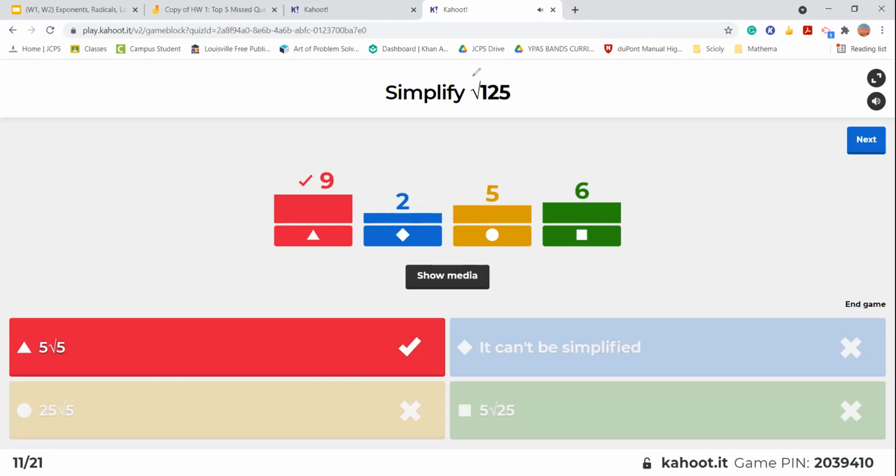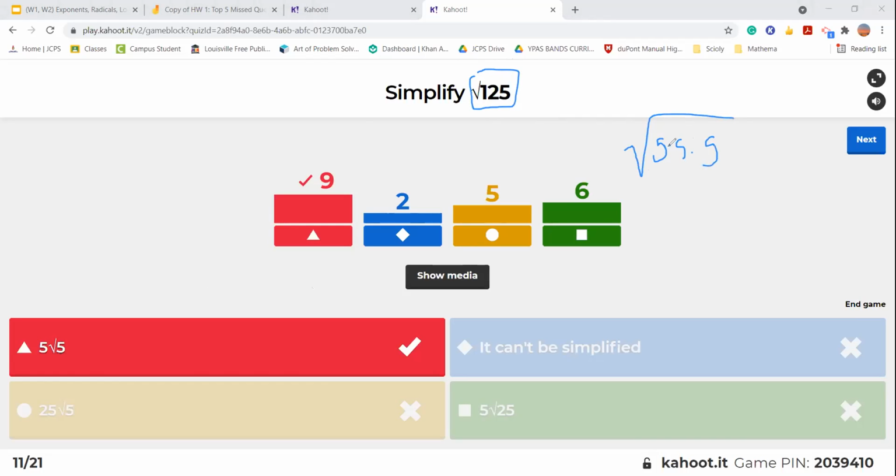Okay, so now I'm gonna try to simplify this. I think you guys have probably figured out that it has something to do with fives, because 5 times 5 times 5 is 125, right? So I'm gonna write that in here as 5 times 5 times 5.